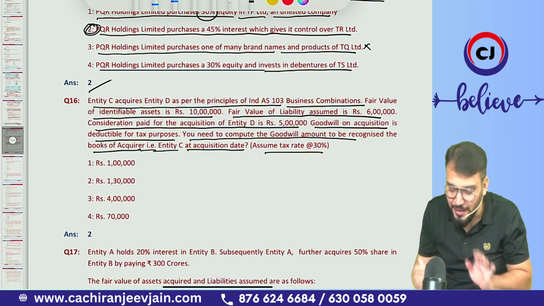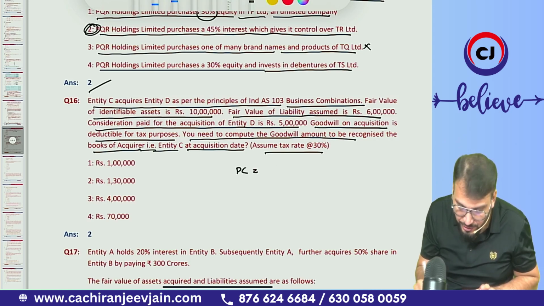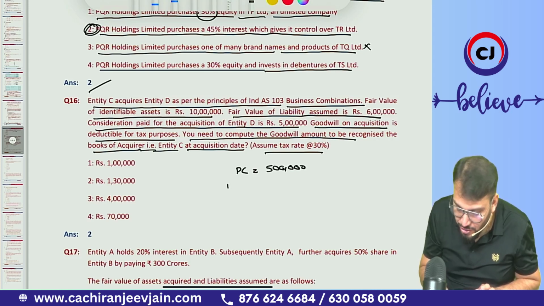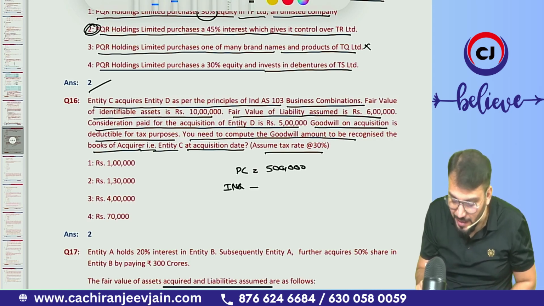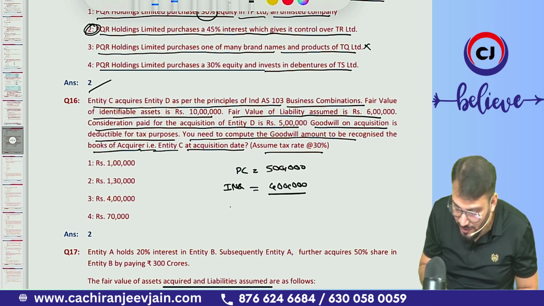First, what is the purchase consideration? It is given as 5 lakh, and INA: it is 10 lakh asset and 6 lakh liability, meaning 4 lakh is your INA. So what is goodwill? Goodwill is coming to 1 lakh.